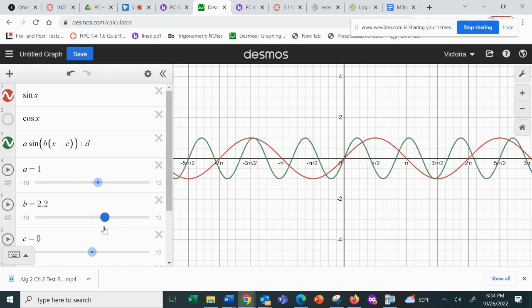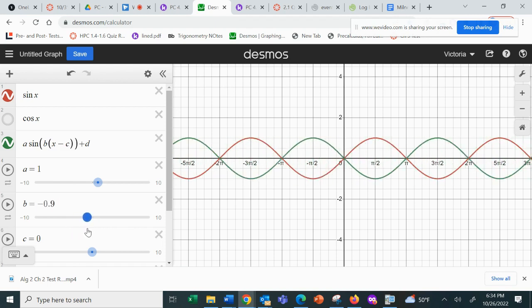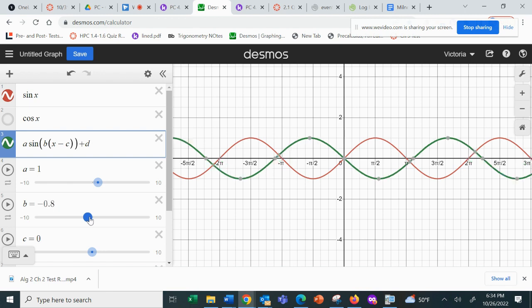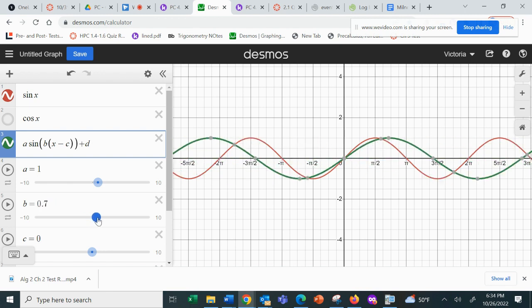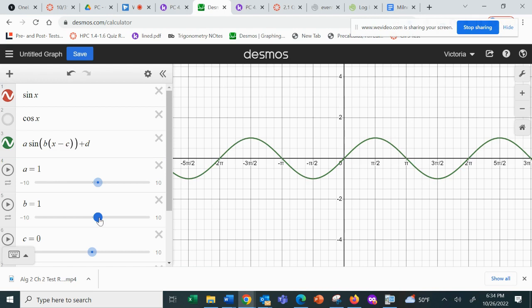It's kind of hard to tell what's happening here, but if you imagine lining up the red point with the green point, those are horizontal reflections of each other. Okay, so the B value is horizontal stretch or shrink, but it's opposite of what you would think.